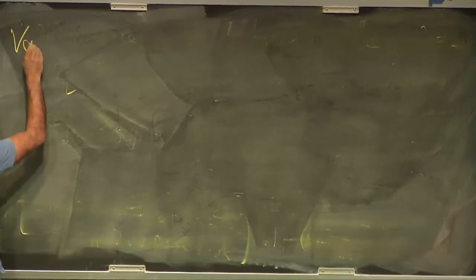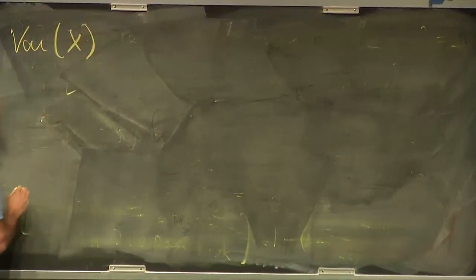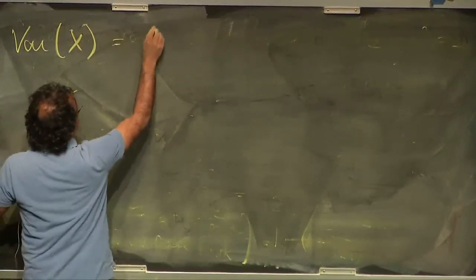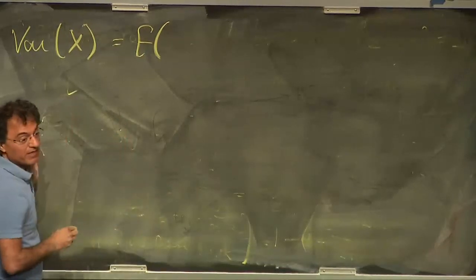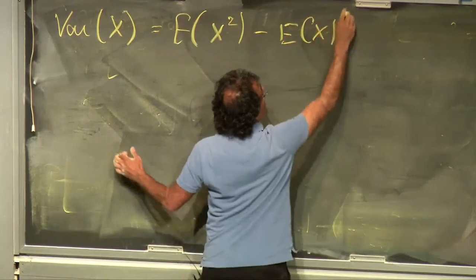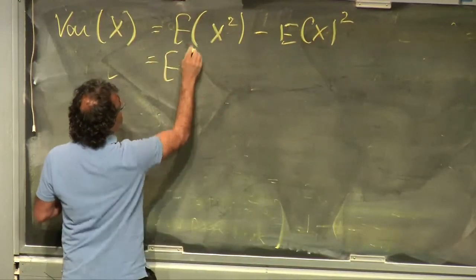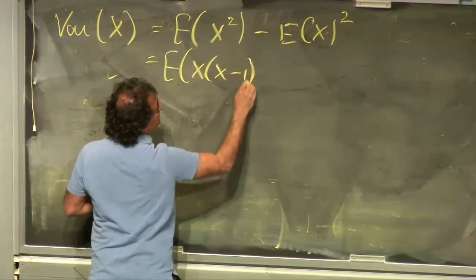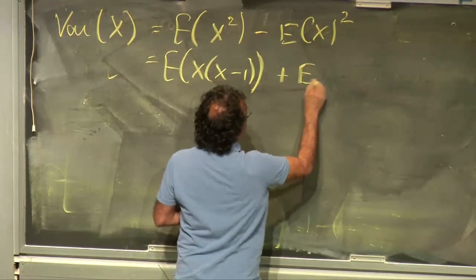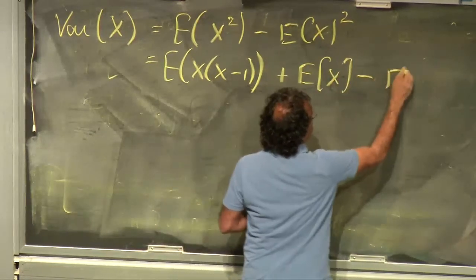We can also compute the variance of x. Okay, and to compute the variance of x, actually, let's use the same trick that we used up here, right? Instead of writing variance of x as expected value of x squared minus expected value of x whole squared, we can also write it as expected value of x times x minus 1 plus expected value of x minus expected value of x squared.